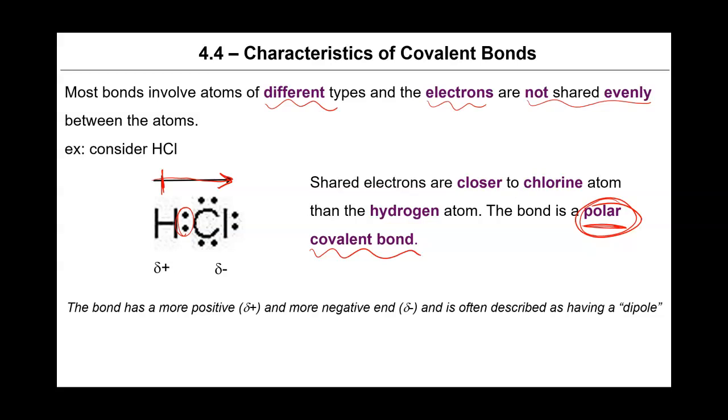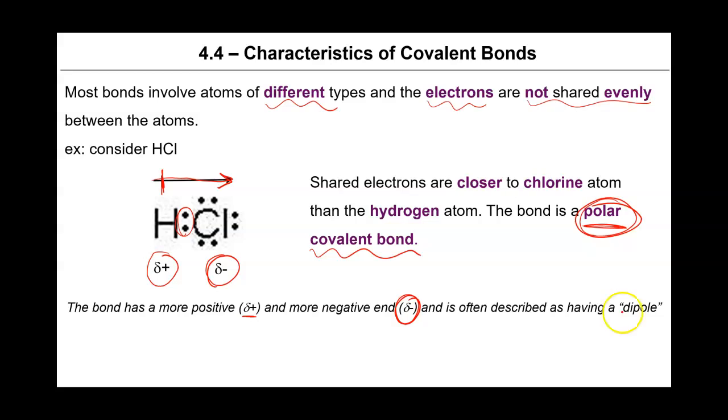Another way is to label the more positive end of the bond, the end that has fewer electrons, as delta positive, and the more negative end of the bond, the one that has a greater share of the electrons, as delta minus. So either of these two ways are appropriate for indicating that a bond is a polar covalent bond.